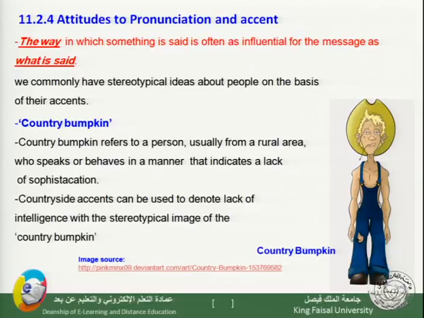We commonly have stereotypical ideas about people on the basis of their accent. Sometimes you meet somebody from a specific country and you have a stereotypical way of judging this person. You have a preconceived idea about this person, that if he is, for example, from Gulf countries, you would think that he has come from a very rich country because of oil.